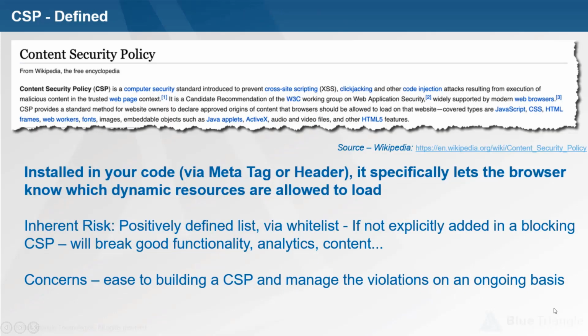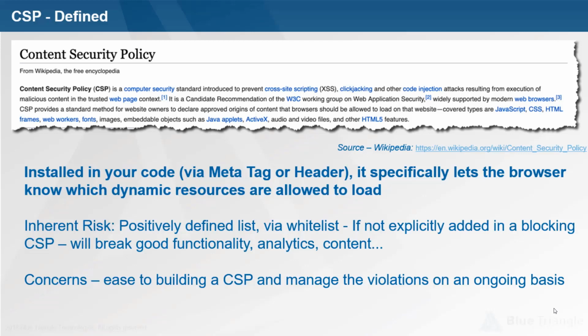If we start again from a basis of understanding, Wikipedia talks about a content security policy. You asked me, what exactly is a content security policy? It's a computer security standard introduced to prevent cross-site scripting. It prevents clickjacking and code injection, and it really is about understanding trusted web page context. It does that by providing a standard method for website owners to declare approved origins.